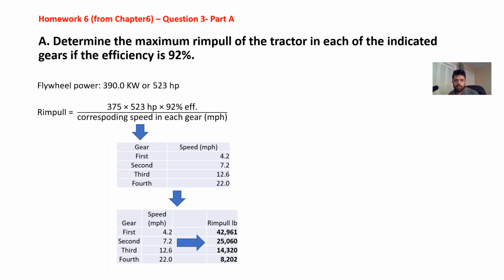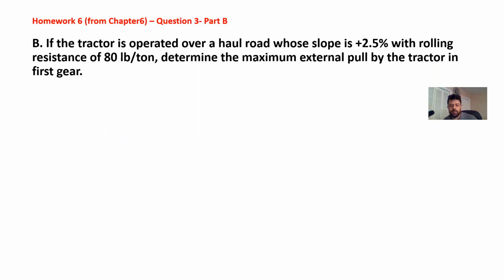Okay. If the tractor is operated over a haul road and its grade is given as 2.5% with rolling resistance of 80 pounds per ton, determine the maximum external pull. Again, the thing we need to do is to find the total resisting forces and deduct it from the power that the machine generates.